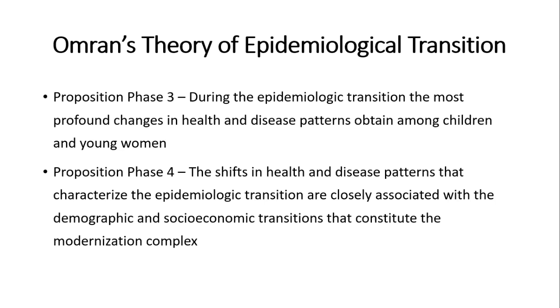Now, the fourth proposition is that the shift in health and disease patterns, characterized by epidemiological transitions, is closely associated with demographic and socio-economic changes. So this transition shows that certain diseases are affecting people living in, suppose, hilly terrain.